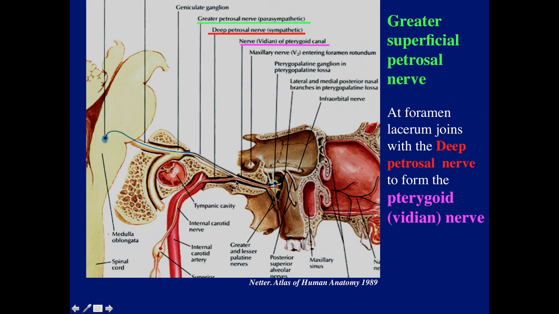The two join together to form the nerve that I've talked about before, which you all know, the Vidian or the pterygoid nerve, which then continues through the pterygoid canal into the pterygopalatine fossa and joins the pterygopalatine ganglion. So again, the greater superficial petrosal nerve joins the deep petrosal to form the pterygoid nerve, and that's why the greater superficial petrosal nerve is so important, as it forms eventually the pterygoid nerve.